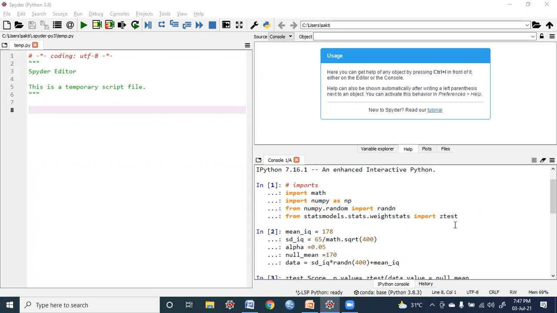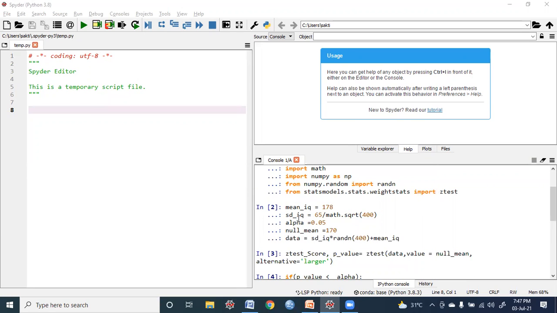Also, I am picking up the z-test function from statsmodels.stats.weightstats.